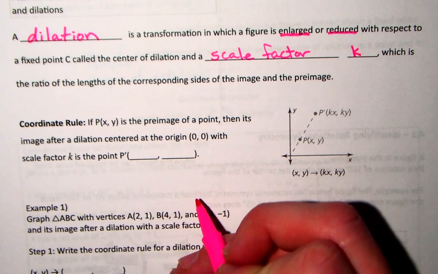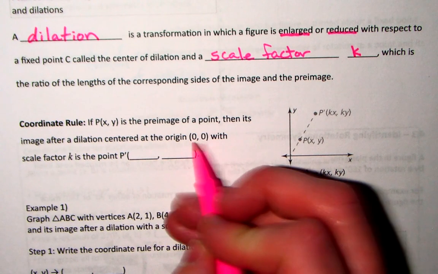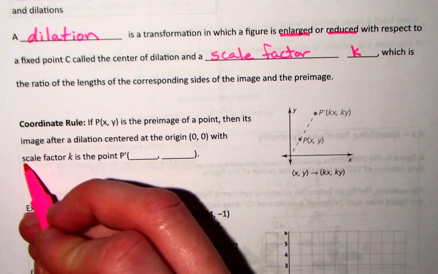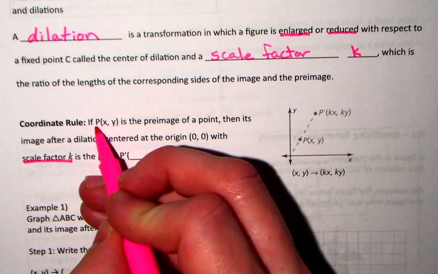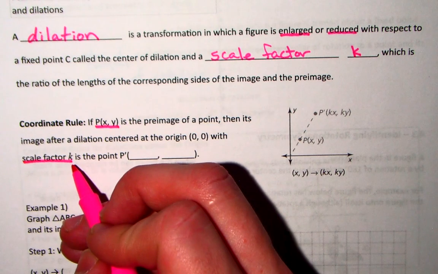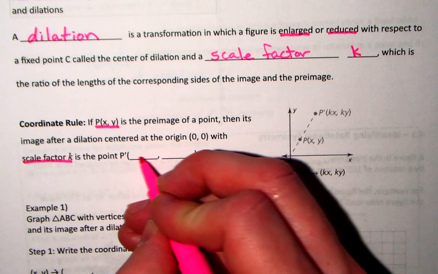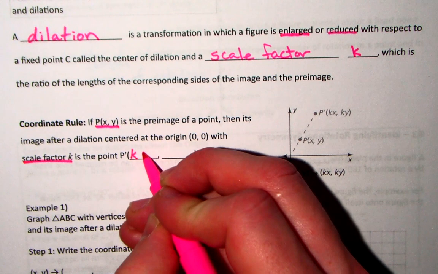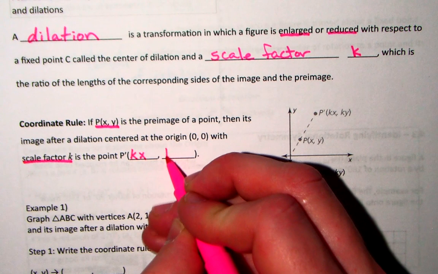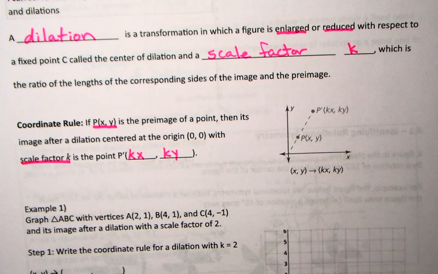It's the pre-image of a point, then its image after a dilation centered at the origin, 0, 0, with the scale factor of K. So P prime, wherever x and y were, it's going to be K times x, K times y. So this is just using it in generic terms. But again, this is going to make a little more sense once we introduce some real numbers.